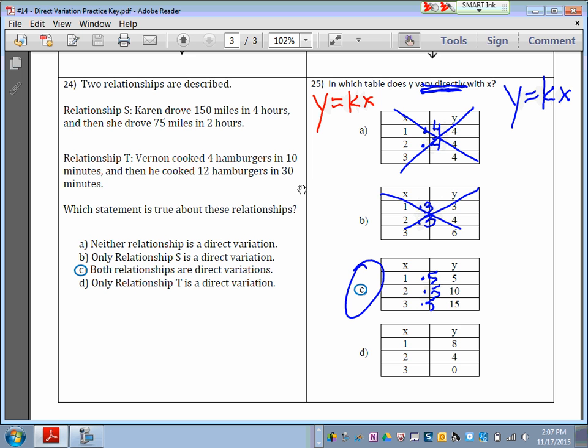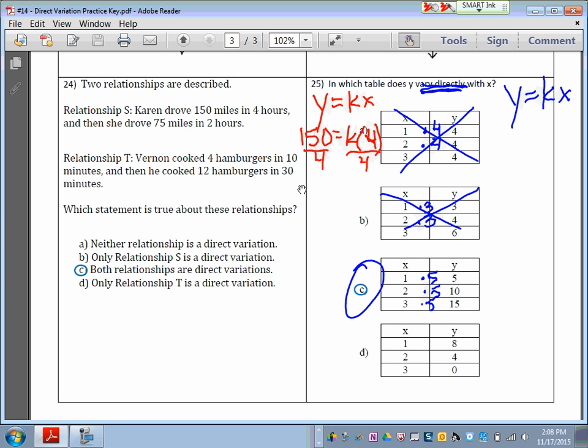So if Karen drove 150 miles in 4 hours, I divide by 4, and what do we get for that? What is 150 divided by 4?